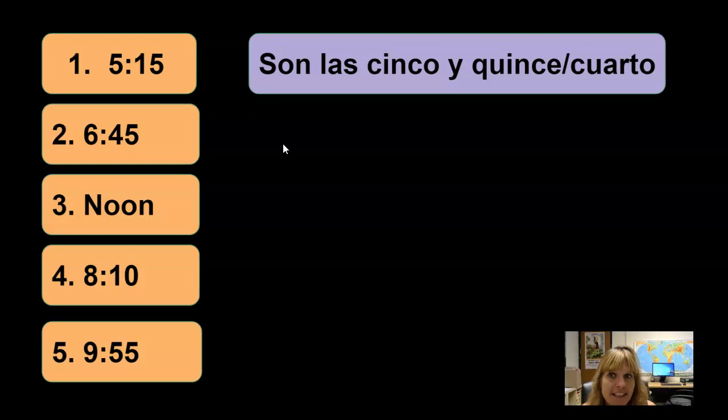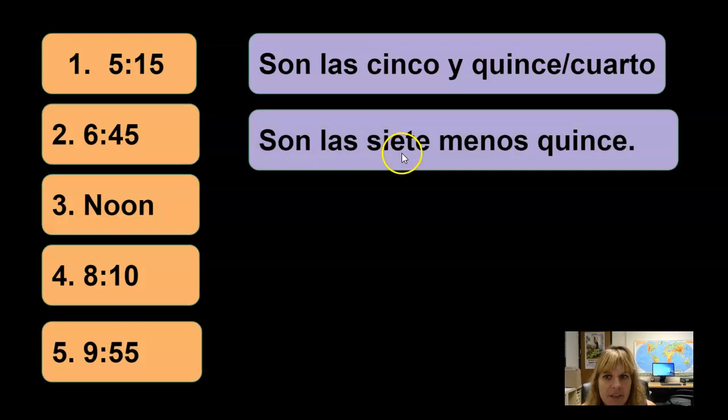How do you say 15? 15 or cuarto. So son las 7 menos 15. También son las 7 menos cuarto. 6:45. You also could literally say 6:45, son las 6:45. Depende en la persona.